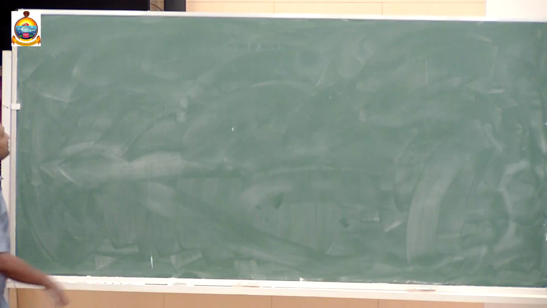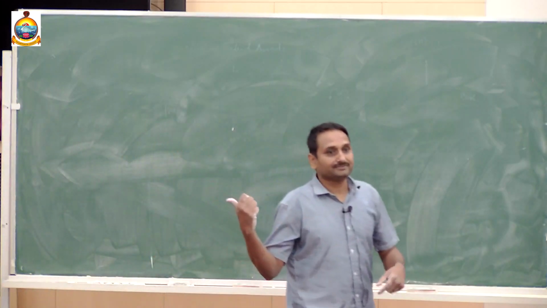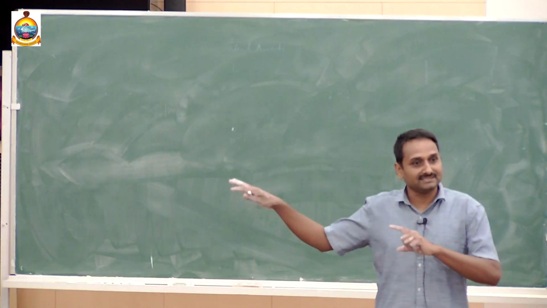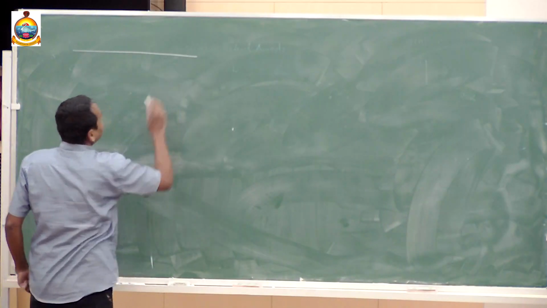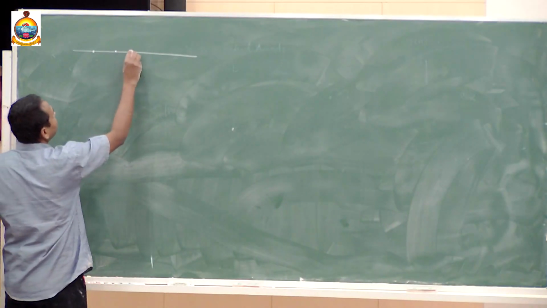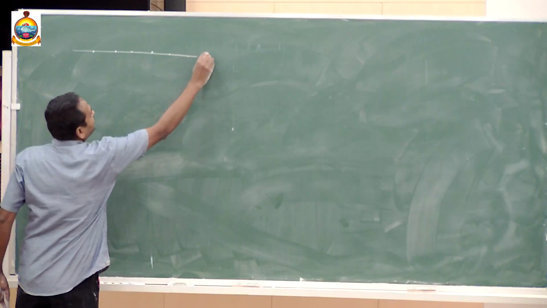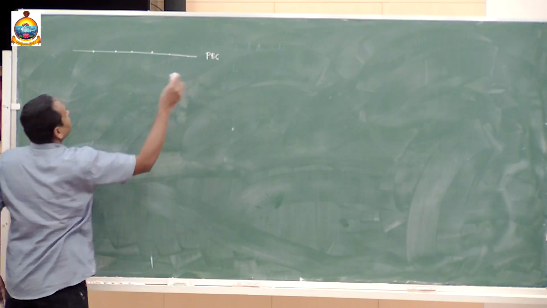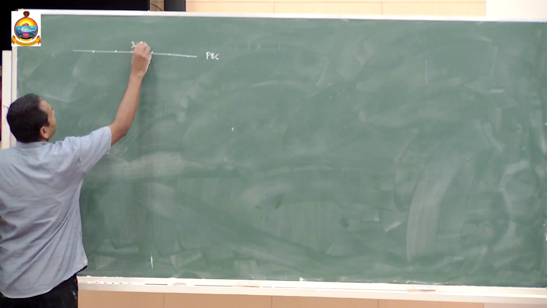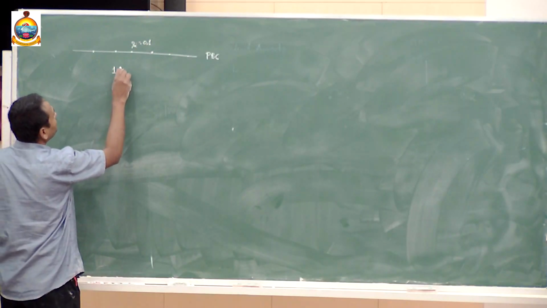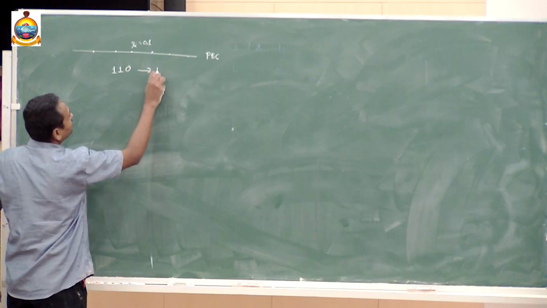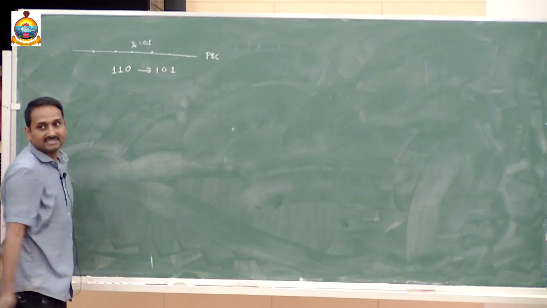Fibonacci. But let us define a problem where these kinds of things can come. The model is, let us say you have a ring with L sites and periodic boundary conditions, and at each site you have s_i equal to 0 or 1. But your dynamics is that 1,1,0 goes to 1,0,1. That's the dynamics.